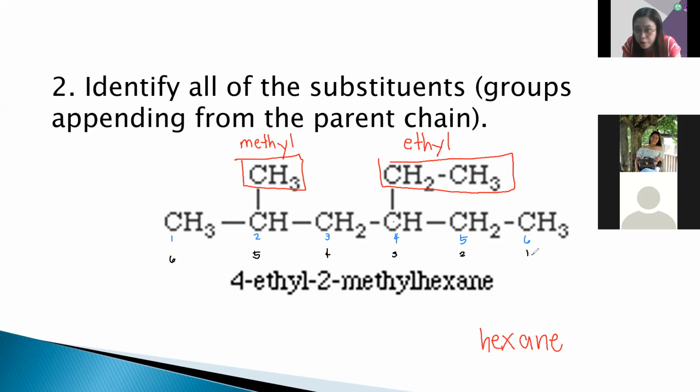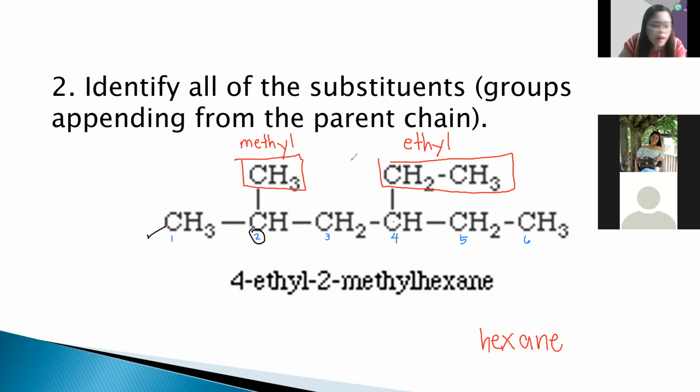If this is our carbon number 1, saan tayo magkakaroon ng substituent? On carbon number 3. Ito on carbon number 2. So, we will now choose this one. Itong naka-blue, yan yung ating magiging number for our parent chain. Okay. Ayan yung may pinakamalapit na substituent.